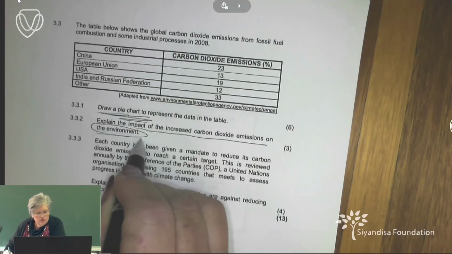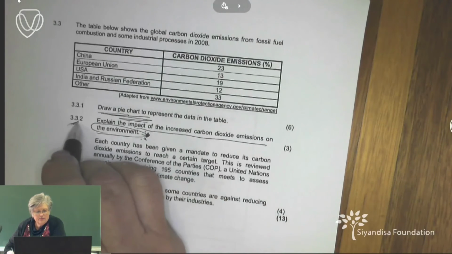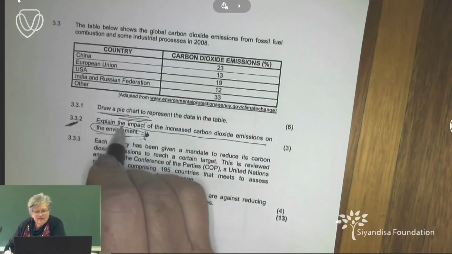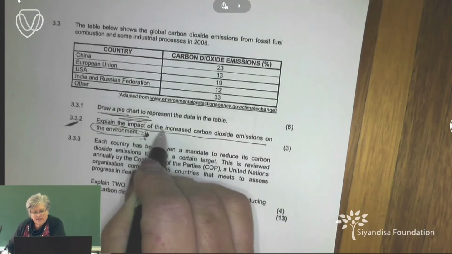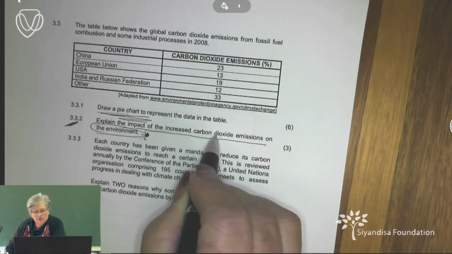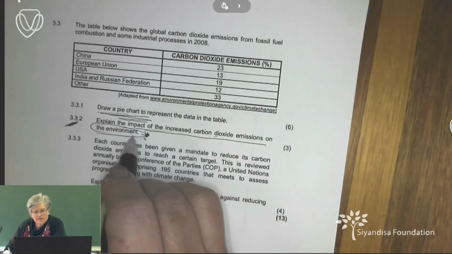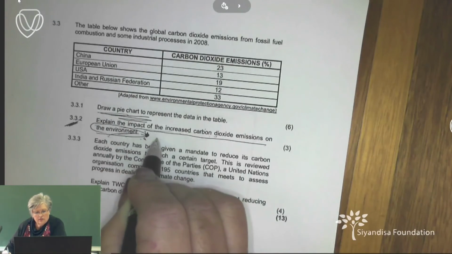Not on humans, on the environment. So make very sure, this is the catch. This is where we separate between level B and A candidates. Level B candidates will write the impact on you, on humans, but as level A candidates, you must know what the impact is on the environment.